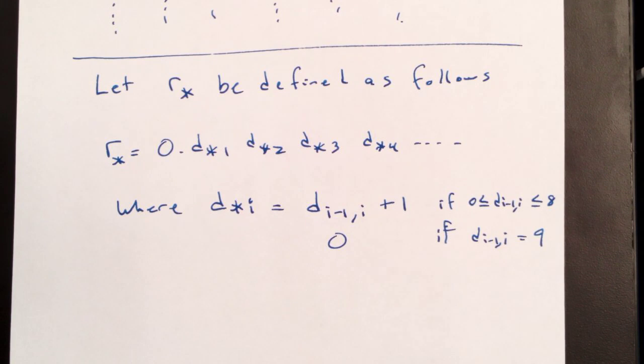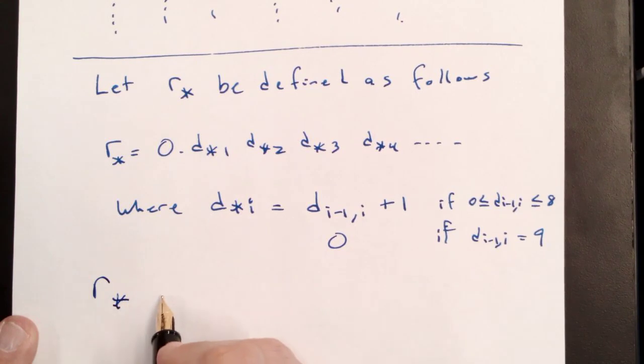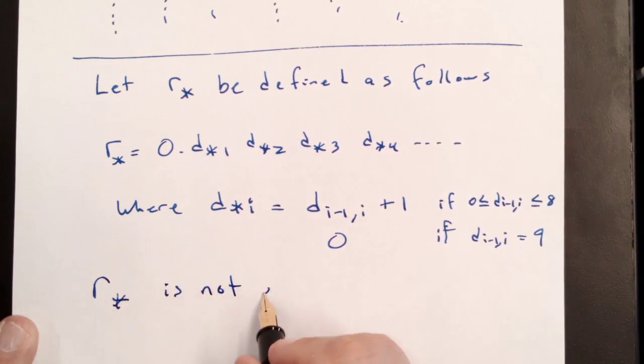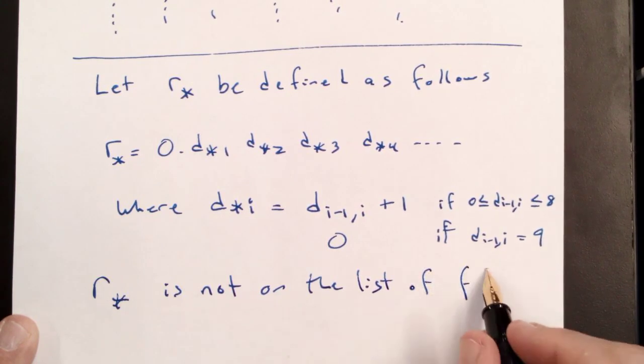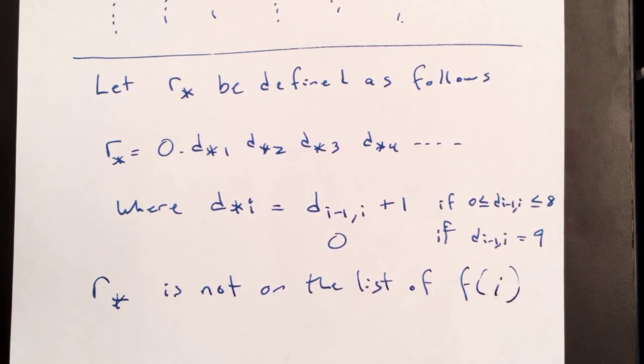Go to the second line, that number is 278. Take the 7, make R star 0.38. I'm going to build R star by looking at my list. It's going to be different in every single row on the list, isn't it? R star is not on the list of f of i.